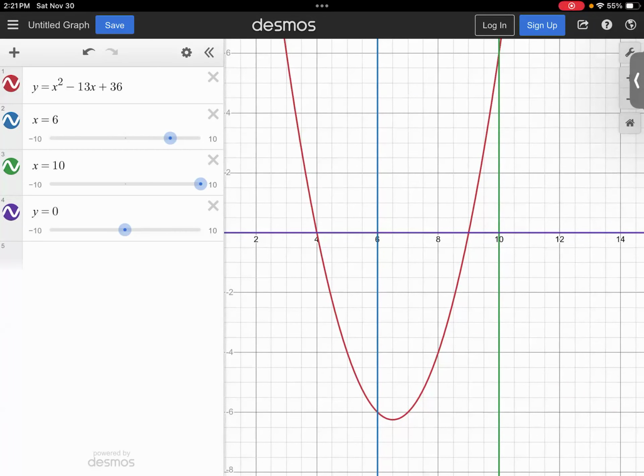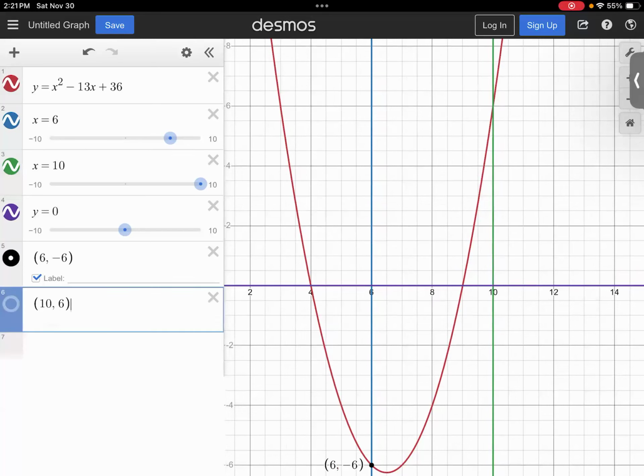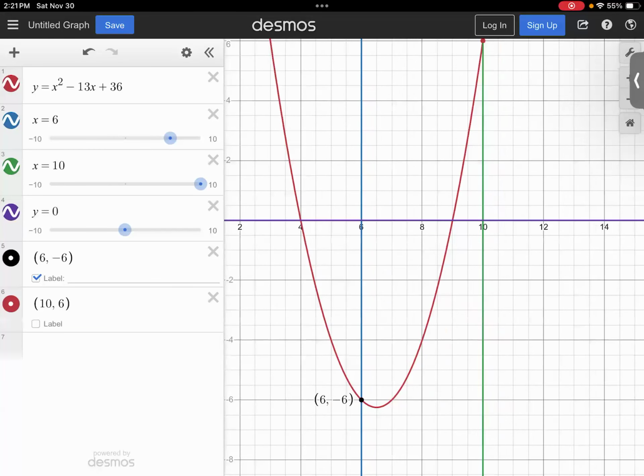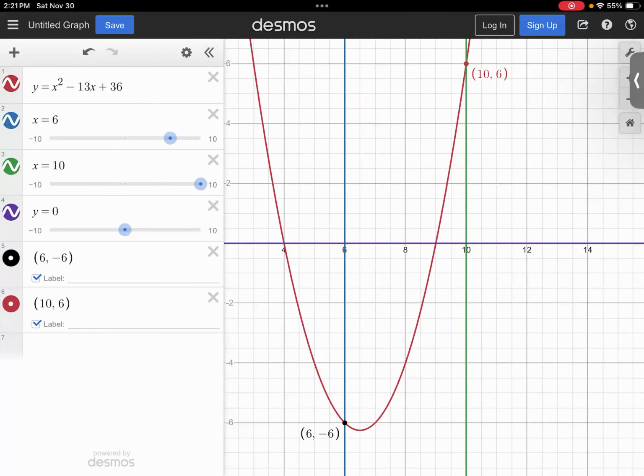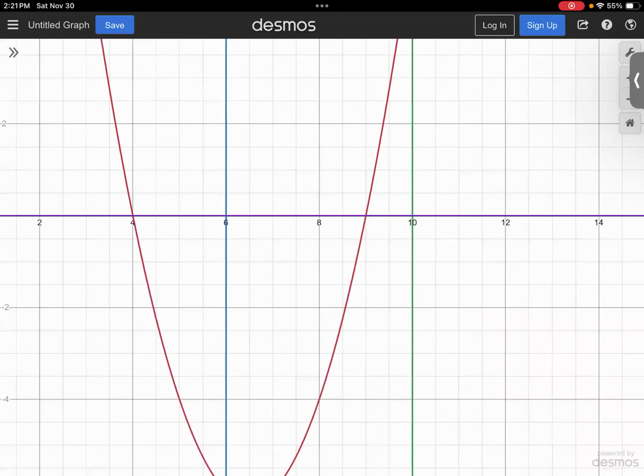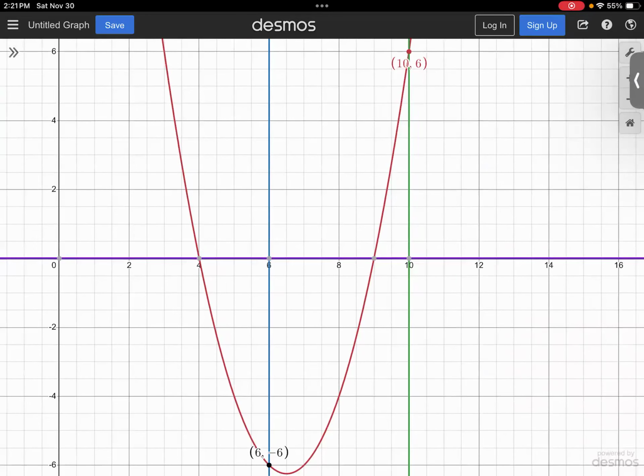I have the lines x equals 6 in blue, x equals 10 in green, and the x-axis, which is y equals 0. So I'm really integrating from x equals 6. I'm going to label the points as well. I'm really integrating over this portion below. Let me screenshot this, and I'm going to put this in the notes.